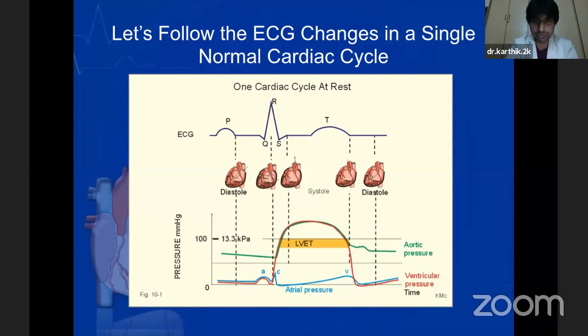Then at one point, the blood starts getting ejected into the aorta and it forms a curve. Towards the downfall of the curve, once the pressure inside the ventricle falls below that of the aorta, the semilunar valves close and the ventricles enter into a phase of diastole. So this is the pressure tracing. We can see that the pressure curves, the mechanical events, and the electrical events are all synchronized and organized.